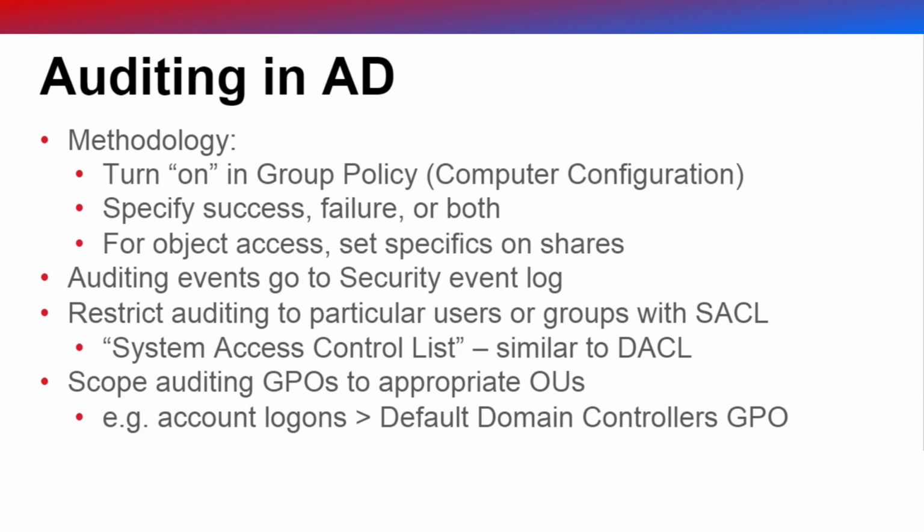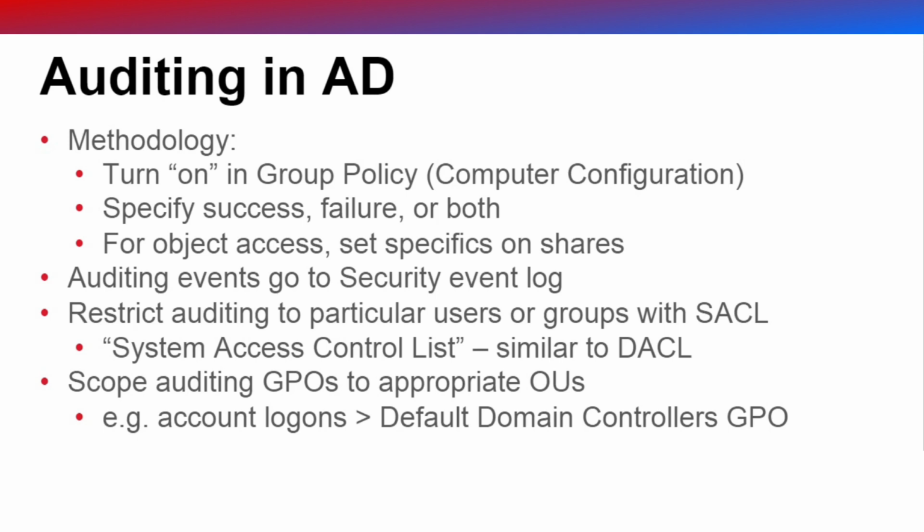It's similar to the discretionary access control list that we set up, for example, with NTFS permissions. But the system ACL is designed specifically for purposes of auditing, not for restricting access as we use with the discretionary ACLs.